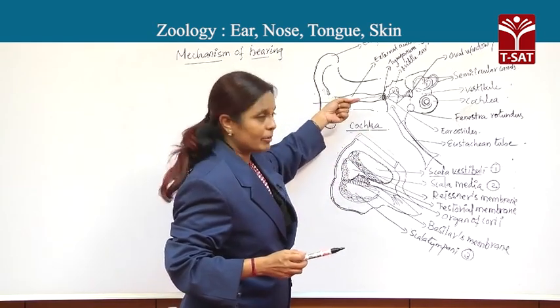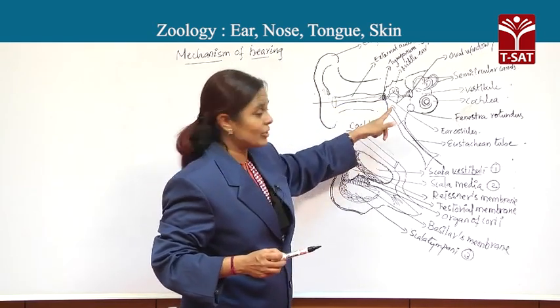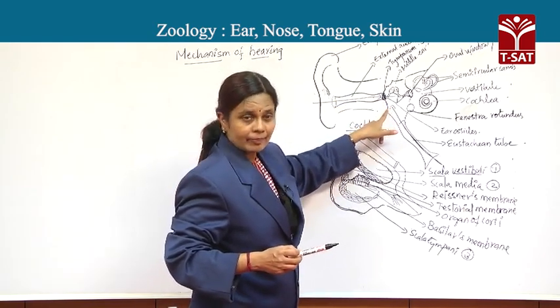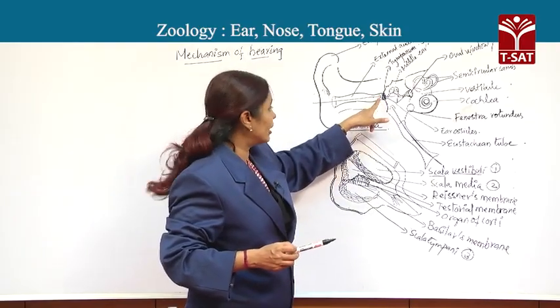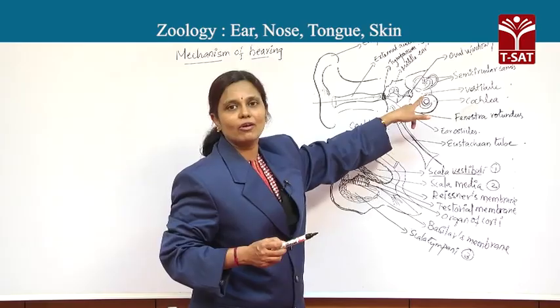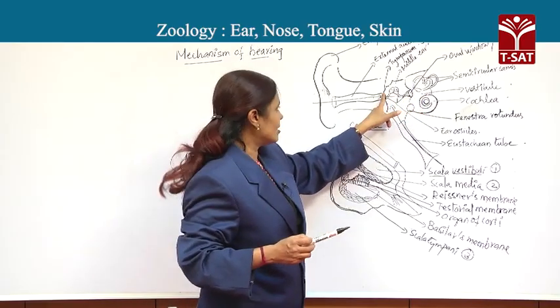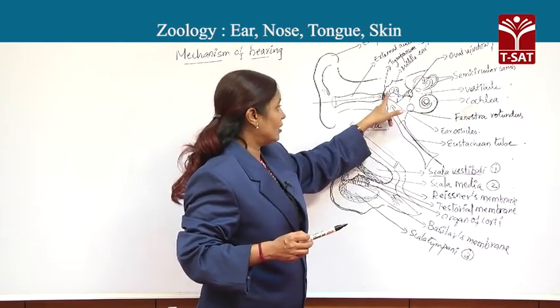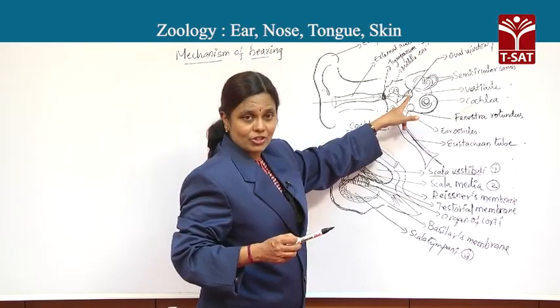Now, these sound vibrations generate vibrations on the tympanic membrane. Now, the vibrations generated on the tympanic membrane are received by the chain of ear ossicles, that is, they travel along malleus, incus and stapes.